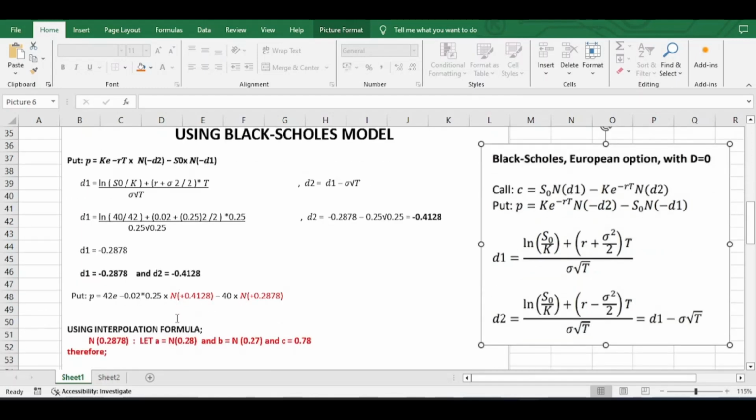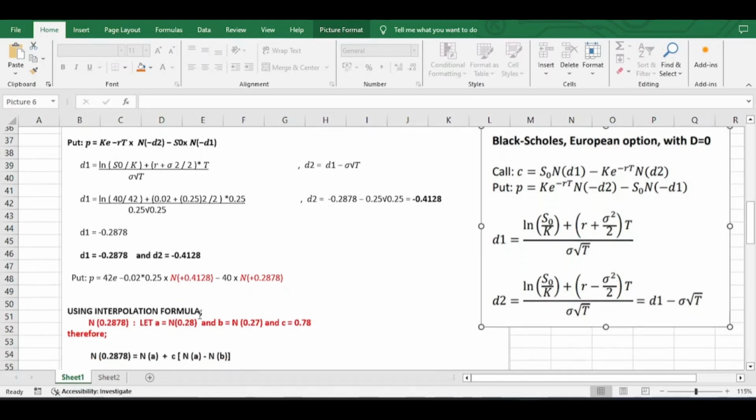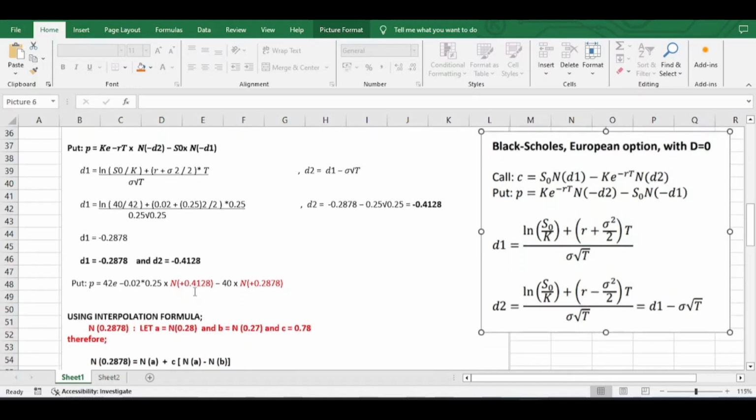In the next step, we have to calculate the normal distribution probabilities of these two numbers. Since the values of D1 and D2 have more than 2 decimal places, in that case we use the interpolation formula.